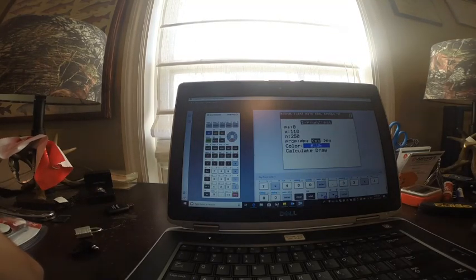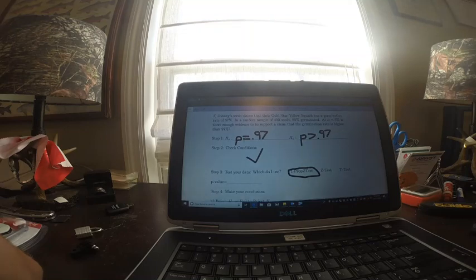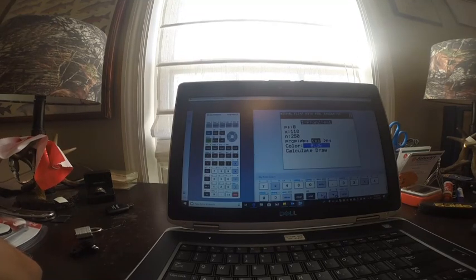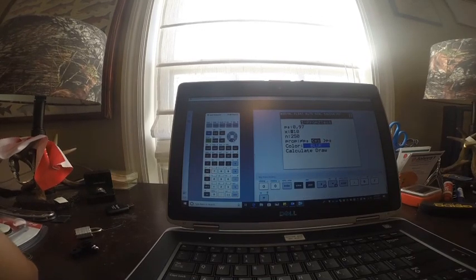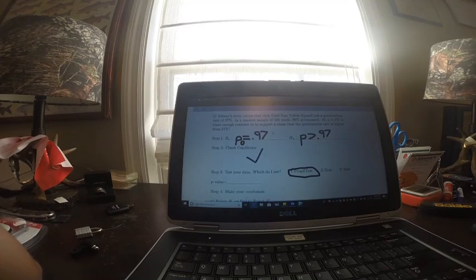My p-naught is going to be your initial P here. So if you want to even write this as P-naught, that's perfectly fine. So P-naught here is equal to 0.97. X here, if we pull this back up, let's try to find our X. Now, what we have here, we have 400 seeds, or out of the 400 seeds, 99% germinated.